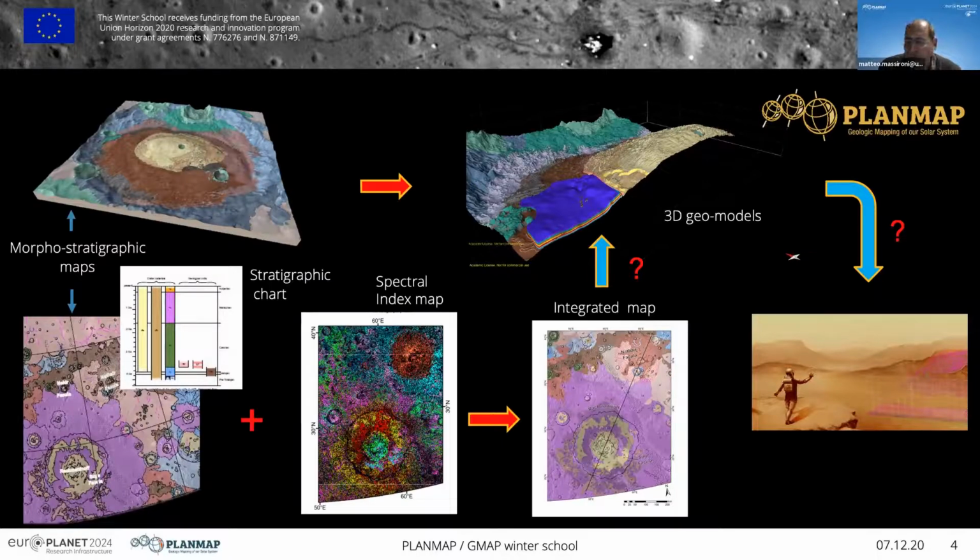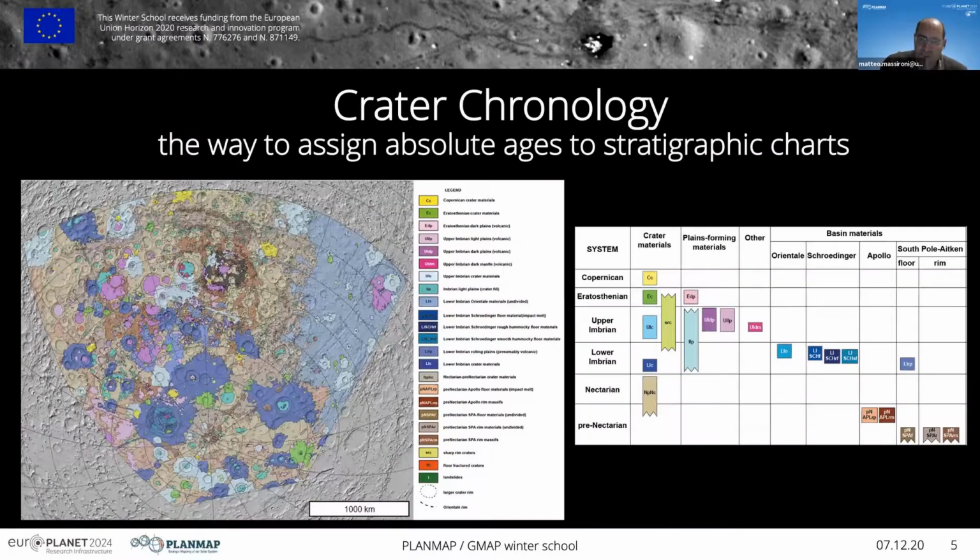It is very ambitious, this last point, but we have to go through all the others: the 3D geomodel and the integrated maps between classical morphostratigraphic maps and information derived from spectral indexes. That's why we are going to the advanced part of geological maps. And we will start with the crater chronology.